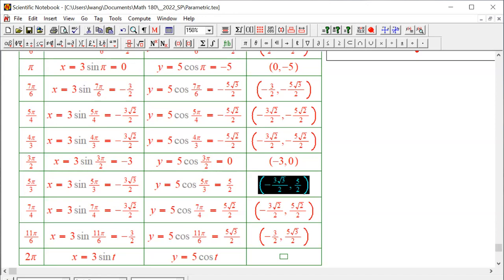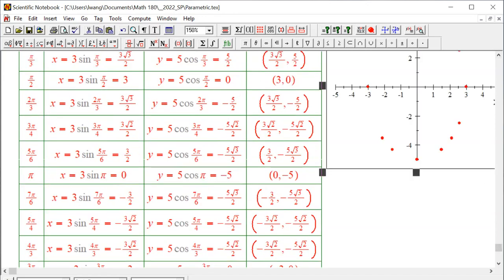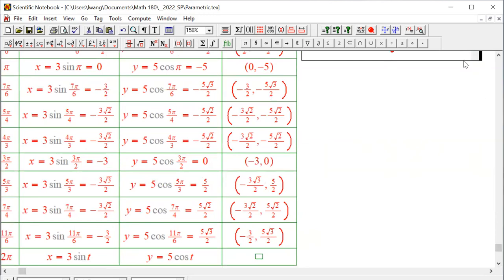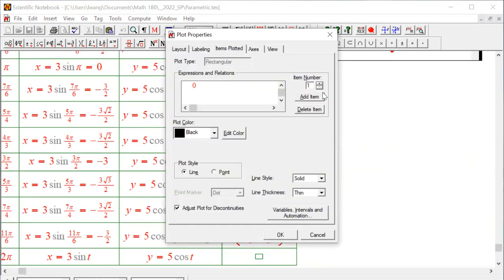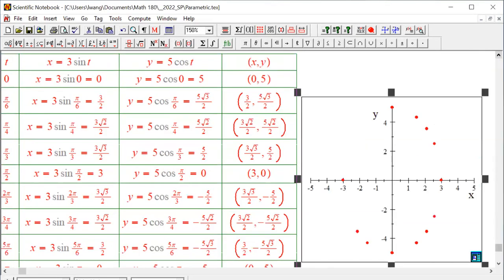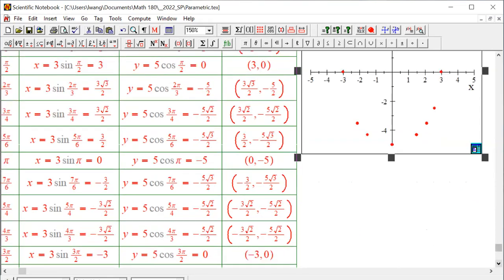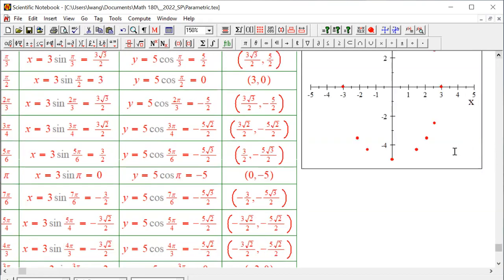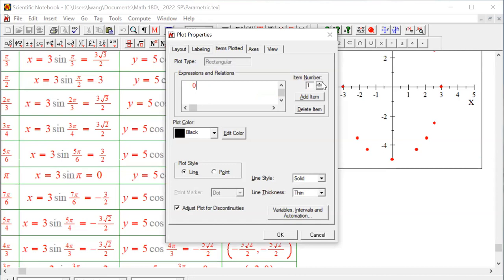This one, right there. Do we get to see that point? Wait, where's that point? Negative 3 times root... Wait, what did I do? Did I do anything wrong?